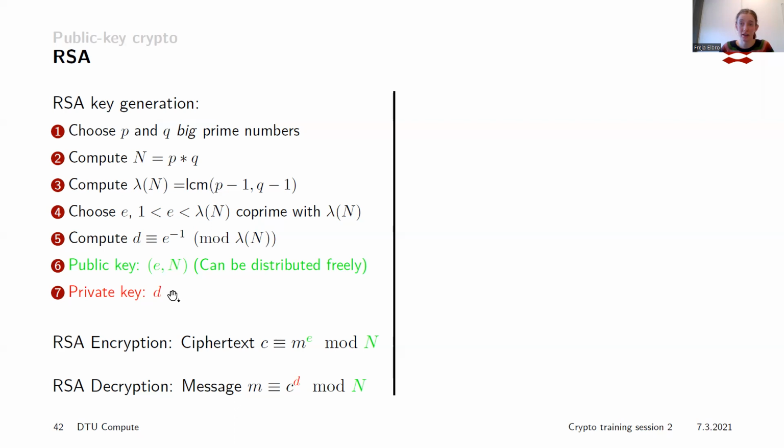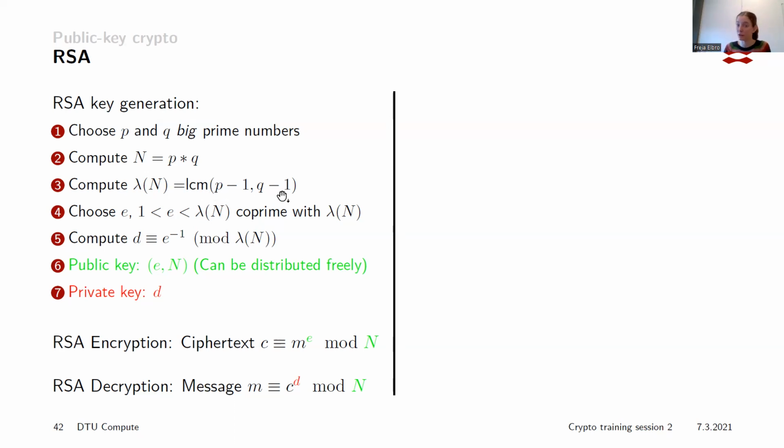So notice that if you're just given E and N, then we're assuming that factorization is hard. So we're assuming it's hard to find P and Q given just N. And without P and Q, it's a hard problem to calculate lambda of n, because in order to know lambda of n, you need to know P minus 1 and Q minus 1.